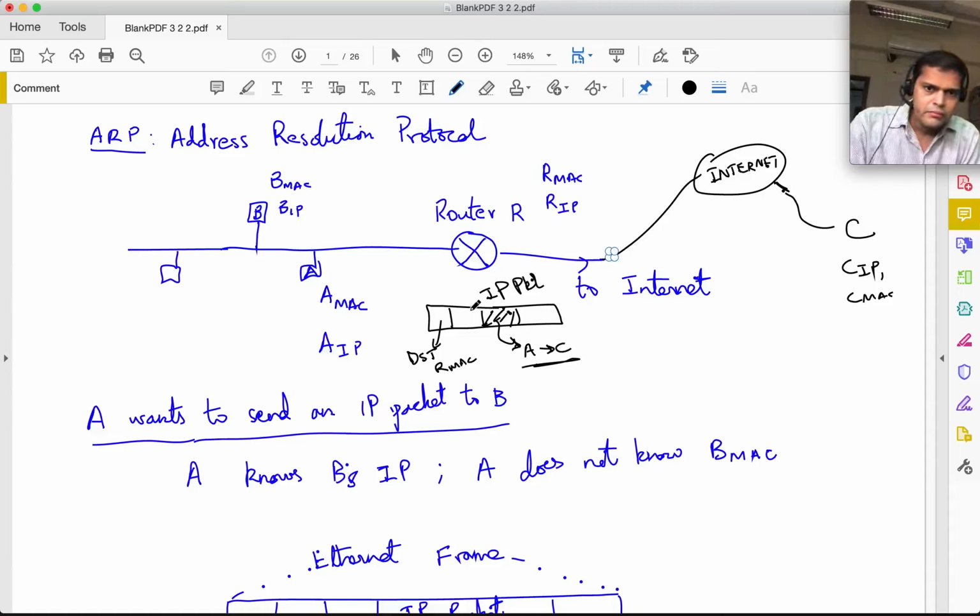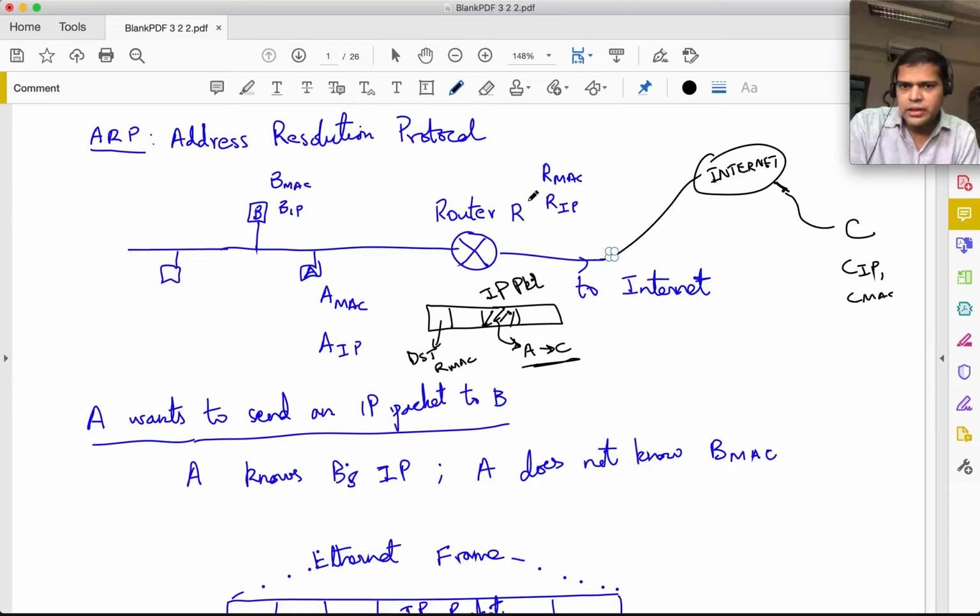Okay. So now there is an issue. First of all, A has to be a little bit intelligent. He needs to know whether B belongs to his own local area network or not, right? If it belongs to his own local area network, he should send out an ARP.